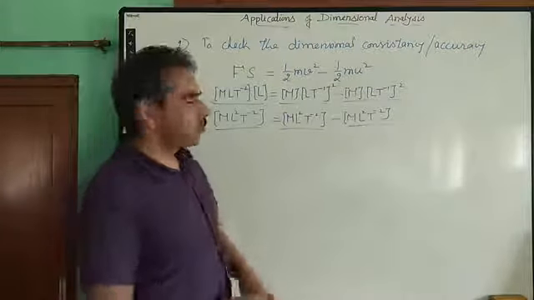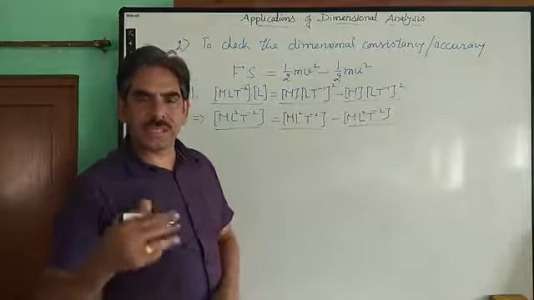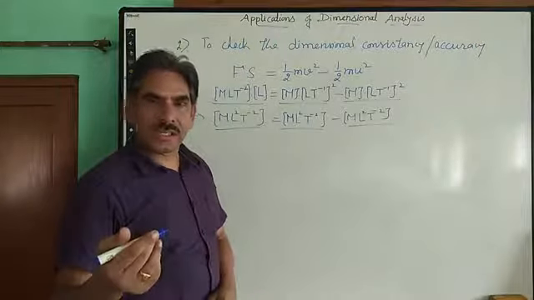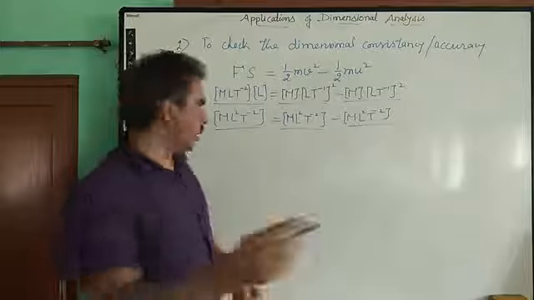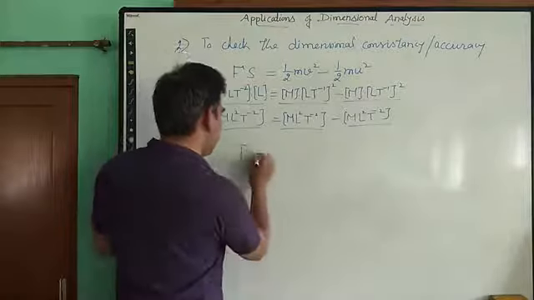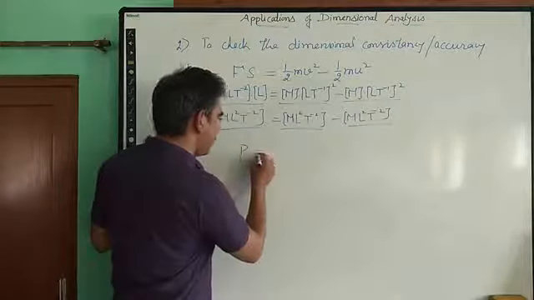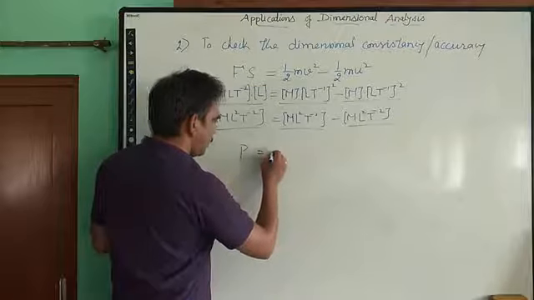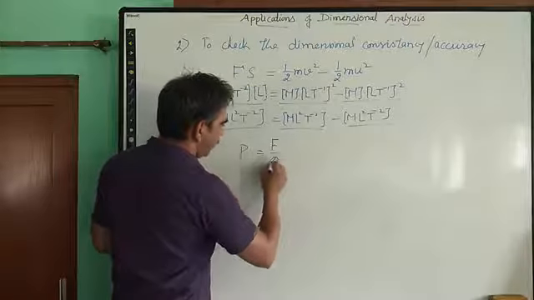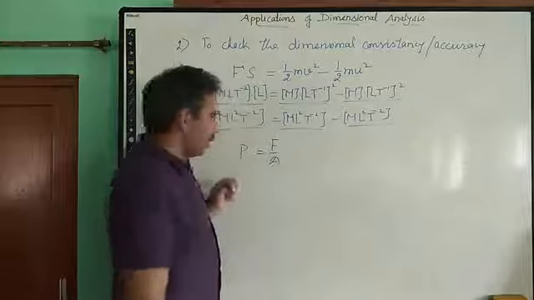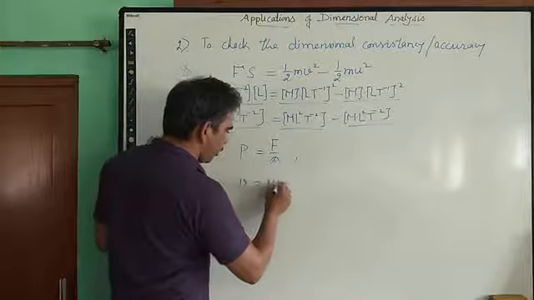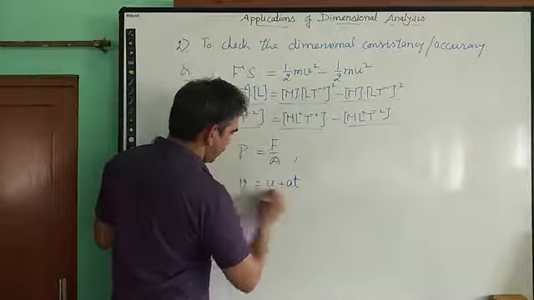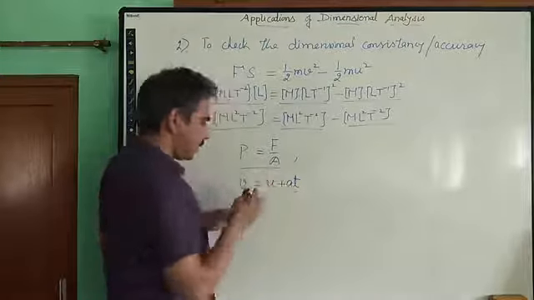So with this method, this is how you can check the consistency, or dimensional consistency or accuracy, of a given equation or a physical expression. You can also check the accuracy for this relationship, P is equal to thrust per unit area, or you can also check the relationship just like v is equal to u plus at. You can check the dimensional consistency of these equations, right?